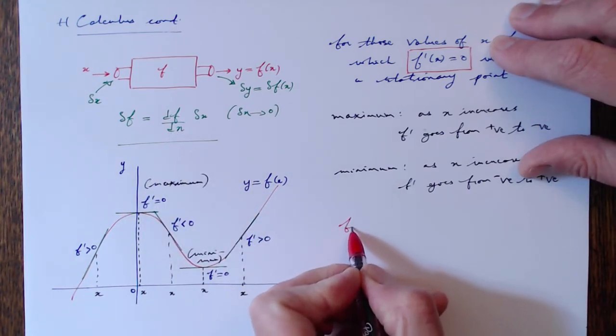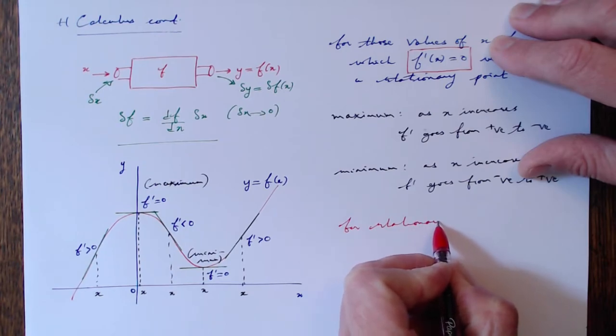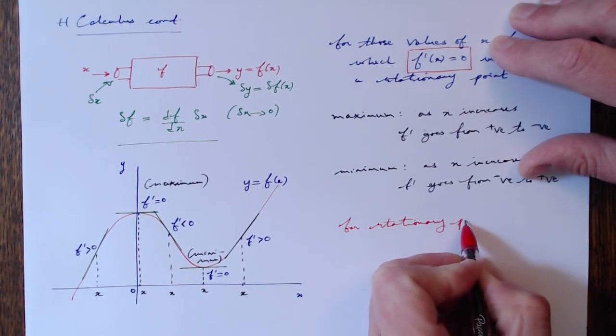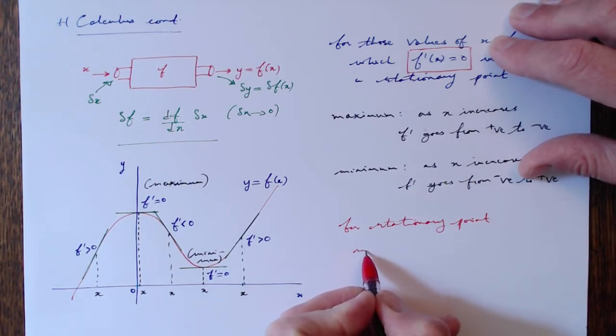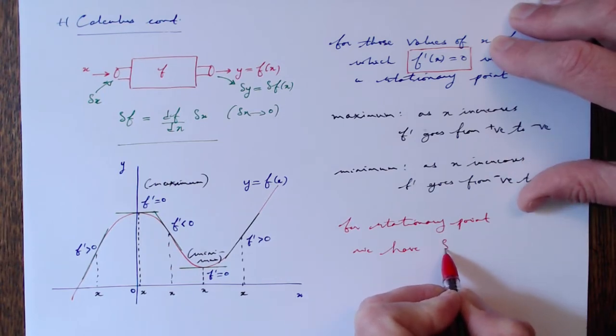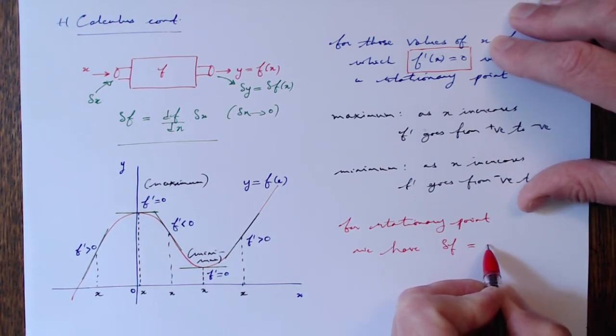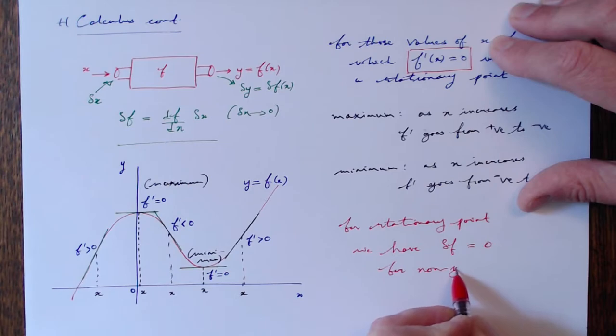So at a stationary point, we have that delta f is equal to 0 for a non-zero delta x.